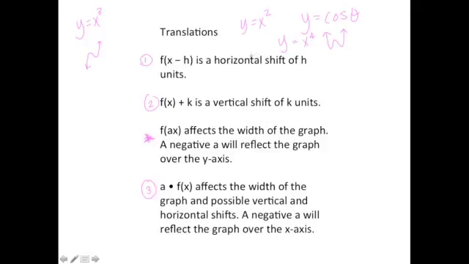So these translations are true for all types of functions.